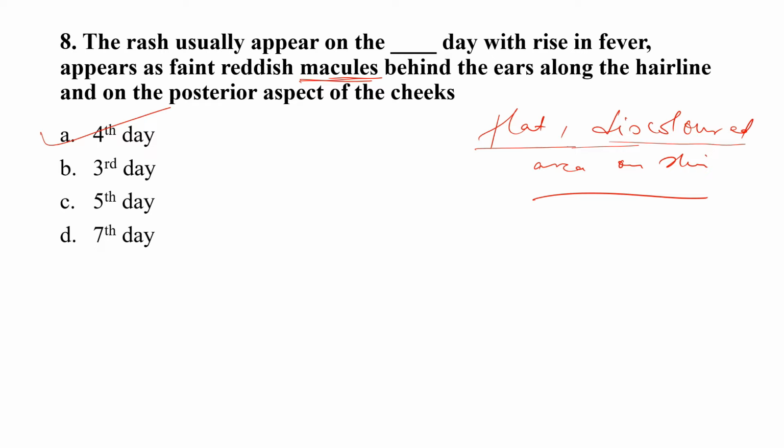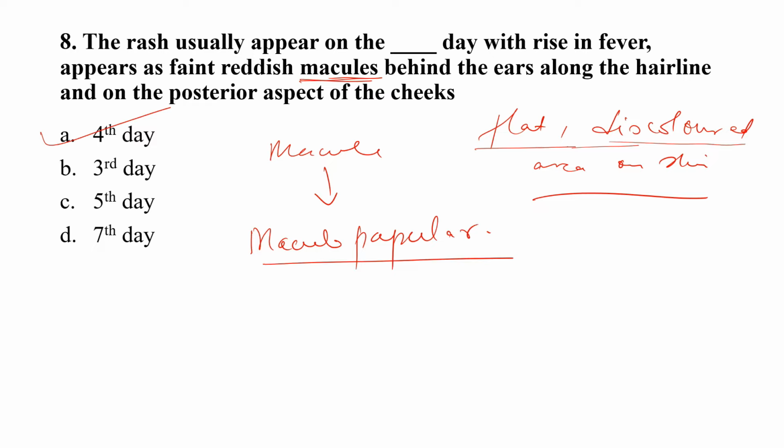And this macule will rapidly become maculopapular, that is the combination of macules and papules. Papules are tiny, just like a pimple, small bumps on the skin.